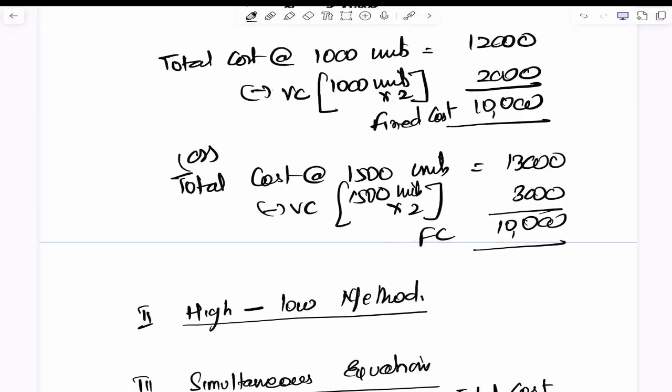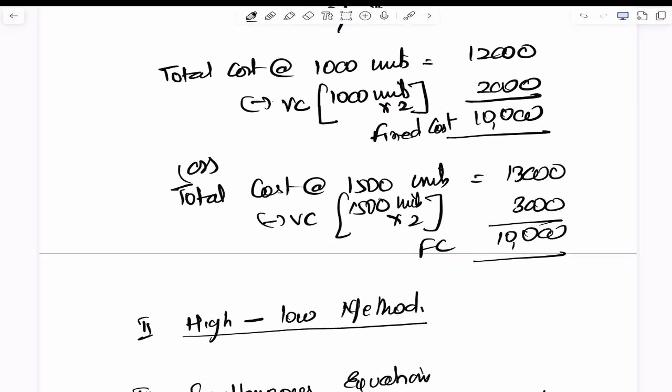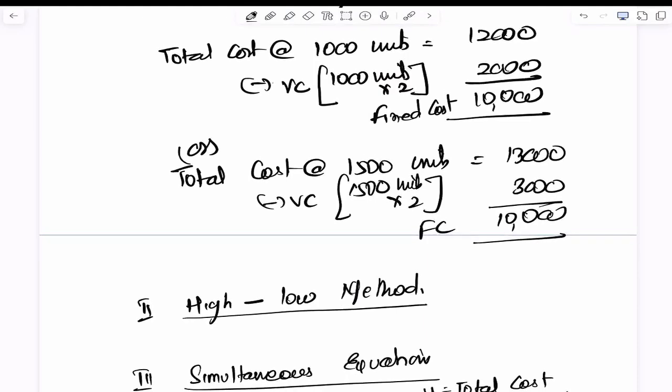Are we all done till this point? Total cost at 1500 units minus variable cost for 1500 units, 3000. The balance fixed cost portion is 10,000 rupees.